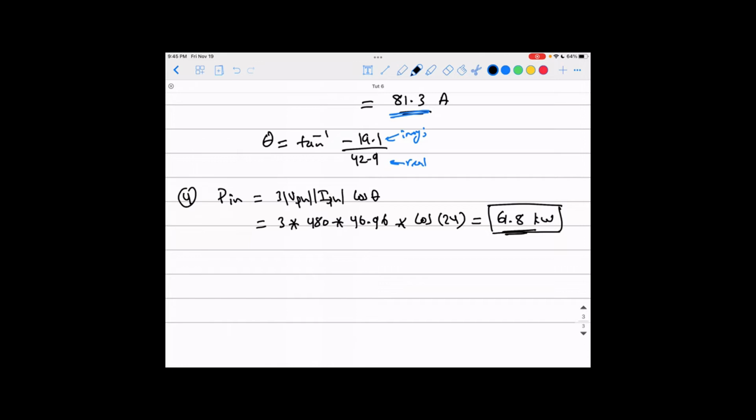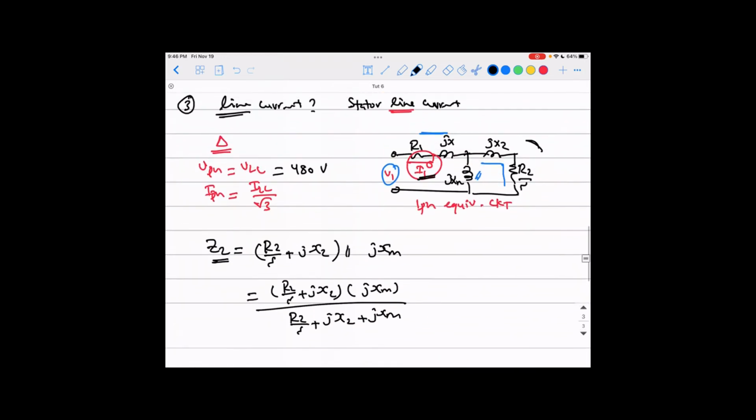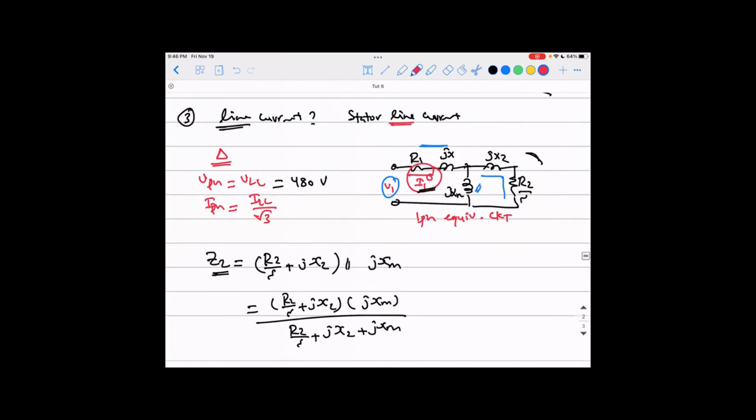Cool. After this, he wants you to find the air gap power. P air gap. How can we find it? You can find it directly from its equation, which is 3 I2 magnitude squared times R2 divided by the slip. But for this, you need to find I2. How to find I2? It's easy, you can find it from the circuit.